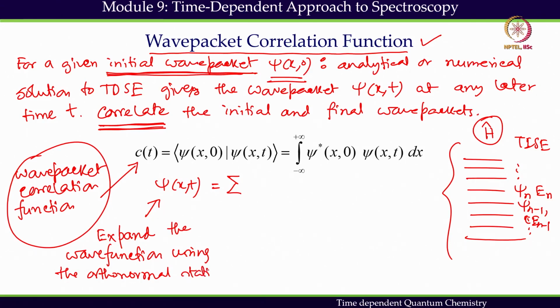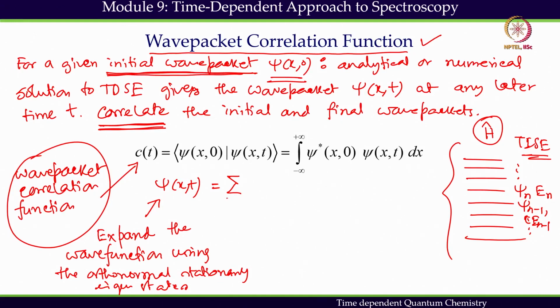They are all stationary because TISE gives me stationary states. That's the way we are going to expand.